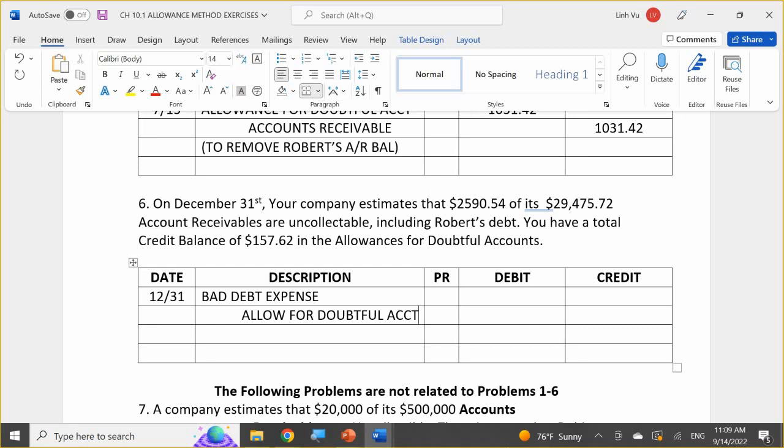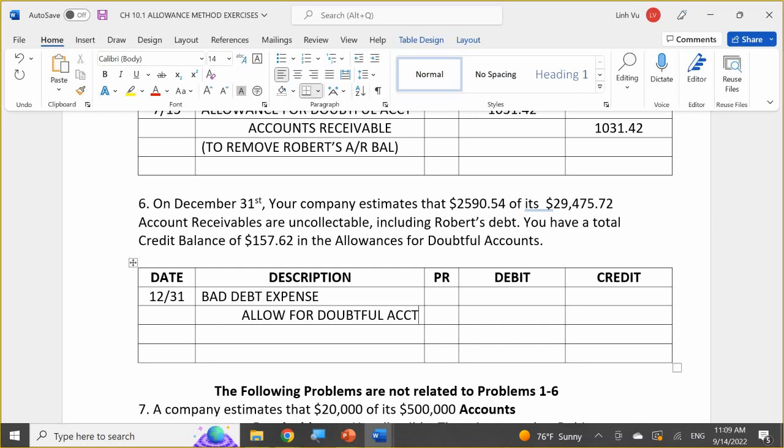$2,590.54 is what you want to have as your end balance in your allowance for doubtful accounts. But right now, I currently have a credit balance of $157.62. How do I get to this $2,590.54?